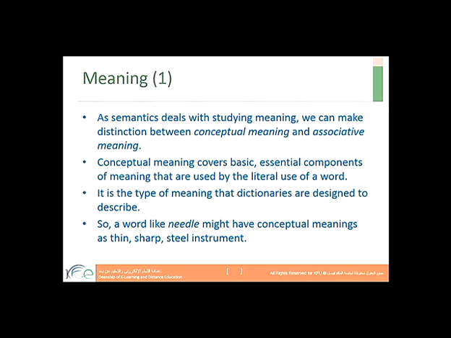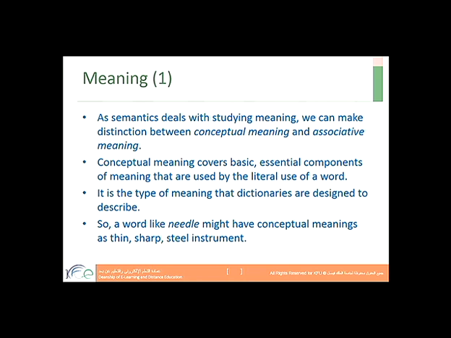As semantics deals with studying meaning, we can make a distinction between conceptual meaning and associative meaning. These are, we can say, the two types of semantics. Conceptual meaning covers basic, essential components of meaning that are used by the literal use of a word.